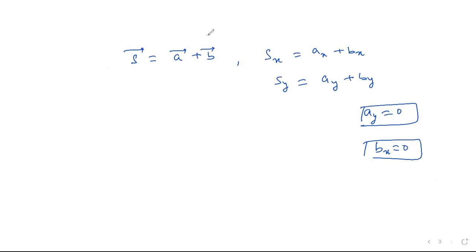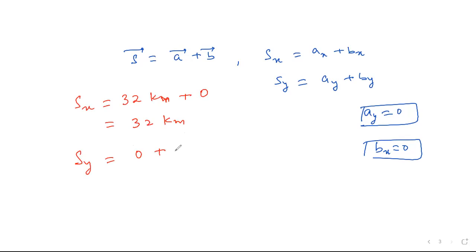Therefore, what is my Sx? It is Ax. Ax is the full A, that is 32 kilometer, plus Bx. Bx is 0. So it is just 32 kilometer. Sy is Ay. What is Ay? Ay is 0 plus By.